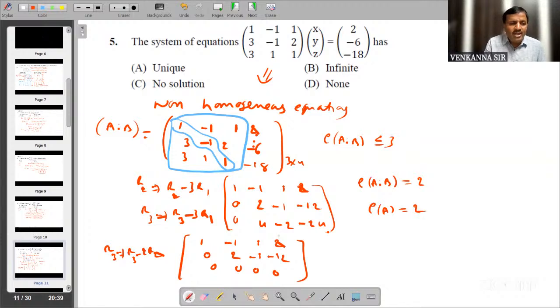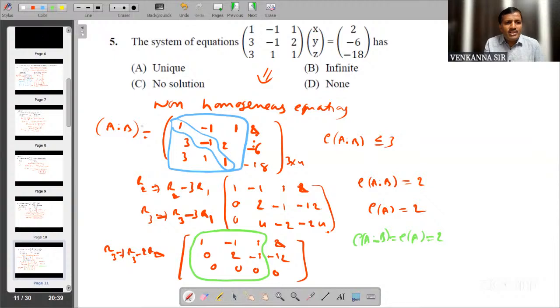Observe here, this is our A portion, and its rank is also 2. Both ranks are equal to 2, which is less than the number of unknowns.